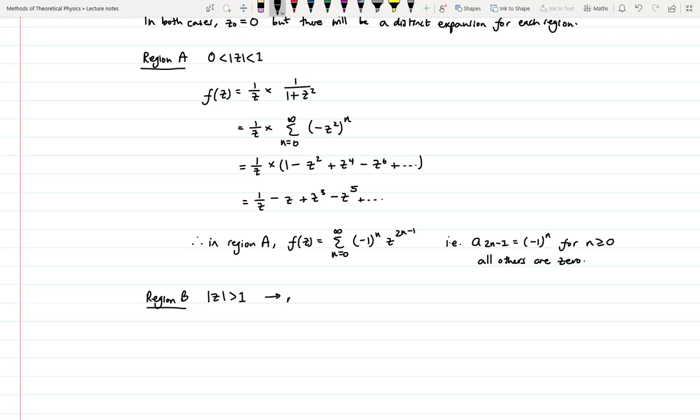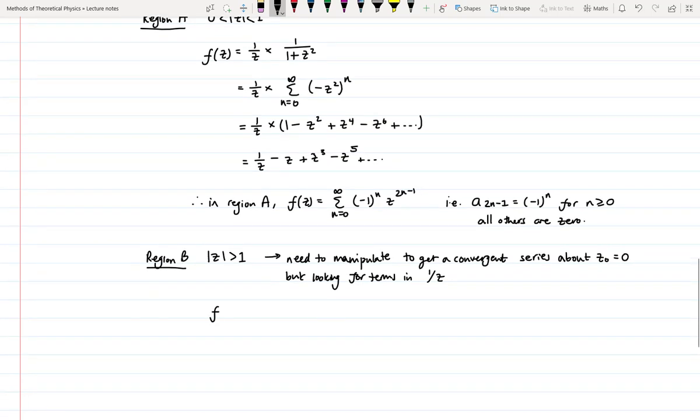Compared to what we did above, we're going to have to manipulate to get a convergent series as before, about z naught equals 0, the origin, but looking for terms in 1 over z. And that's to stop our power series diverging as z increases.